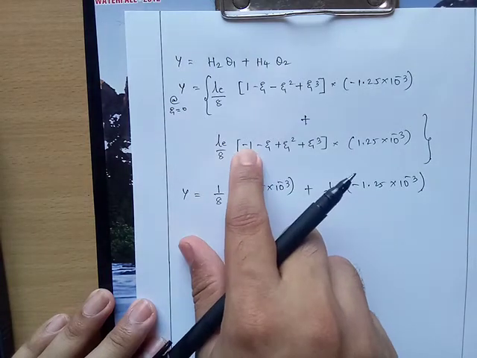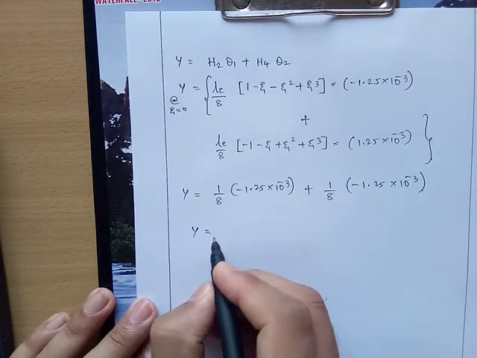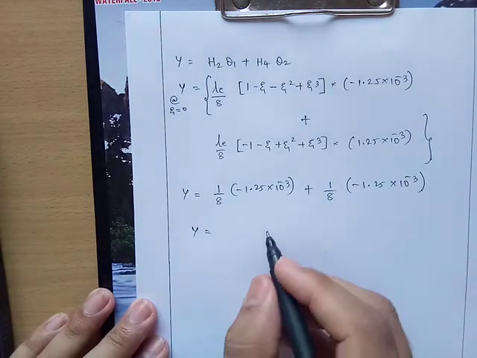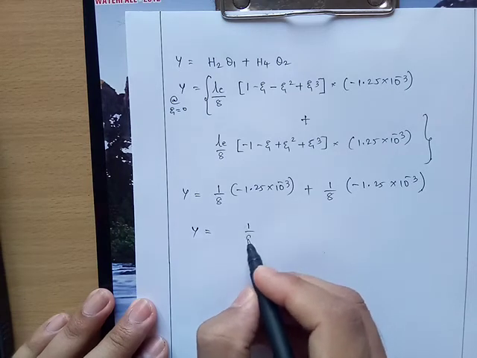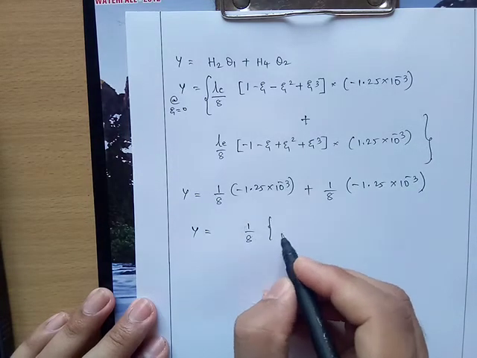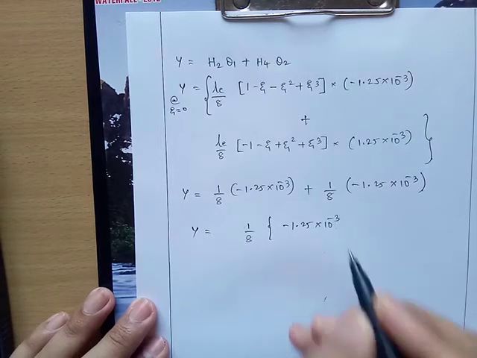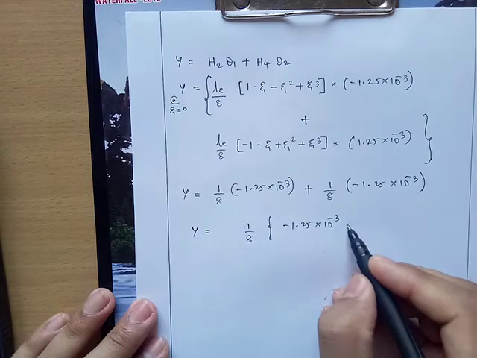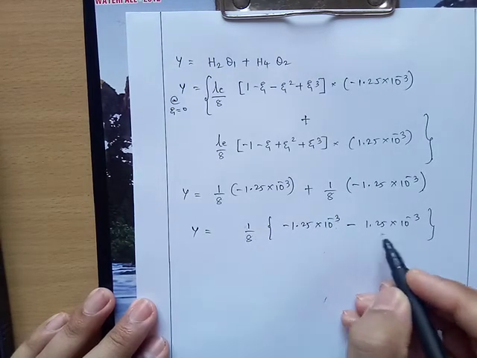Right, so this minus 1 into this value is once again minus. So y is equal to, you can take 1 by 8 as a common term, so it is minus 1.25 into 10 raised to minus 3, right? So plus into minus is once again minus 1.25 into 10 raised to minus 3.